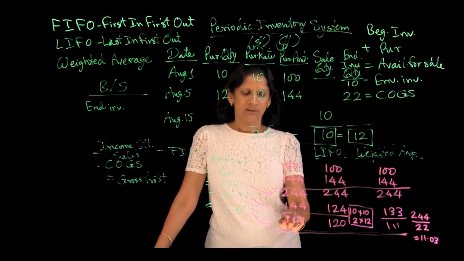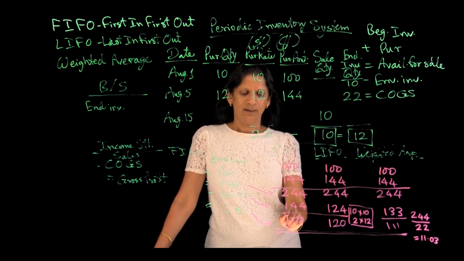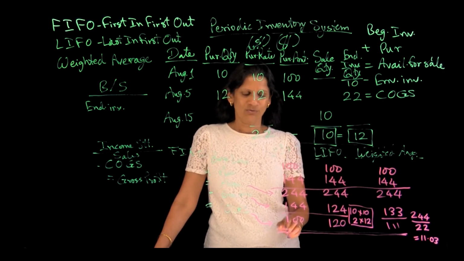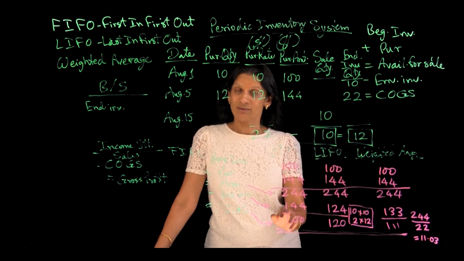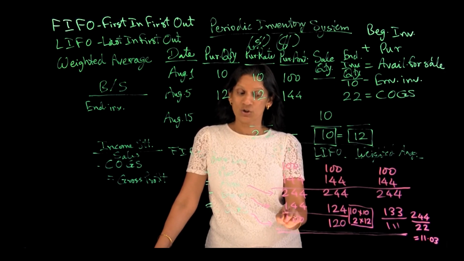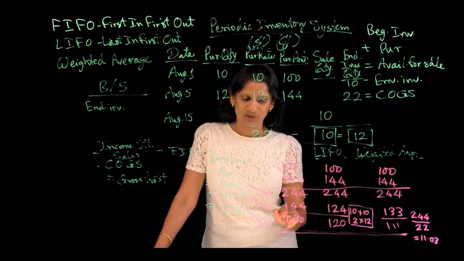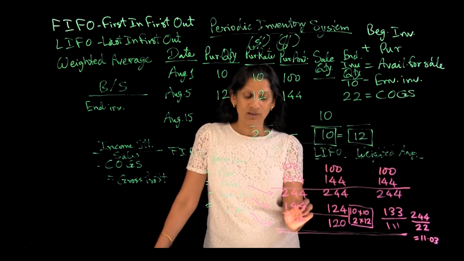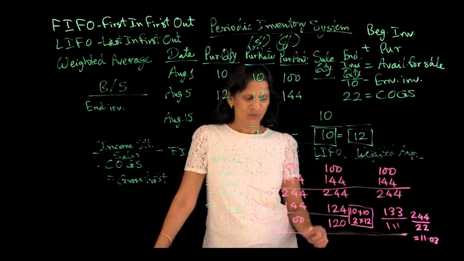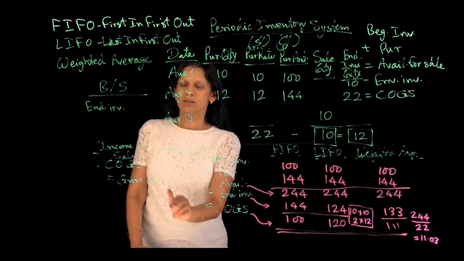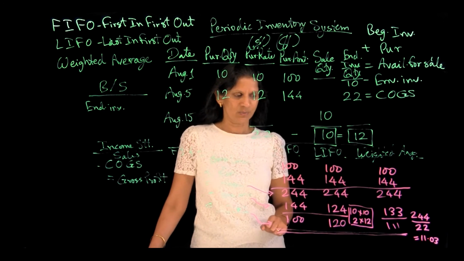And here I had made a silly mistake in the math. 2 minus 1, I had written it 2, and now I have changed it to 1. So my cost of goods sold as per the first in, first out assumption is not $200, it is $100. Now let's see how this reflects in our financial statements.